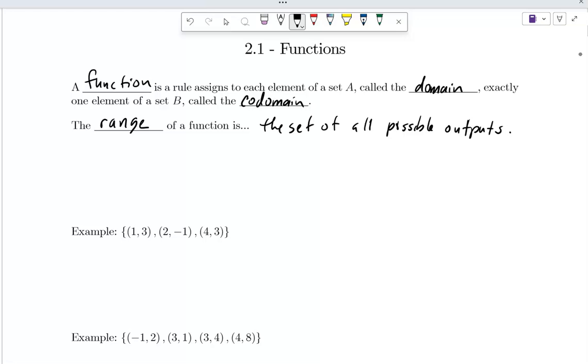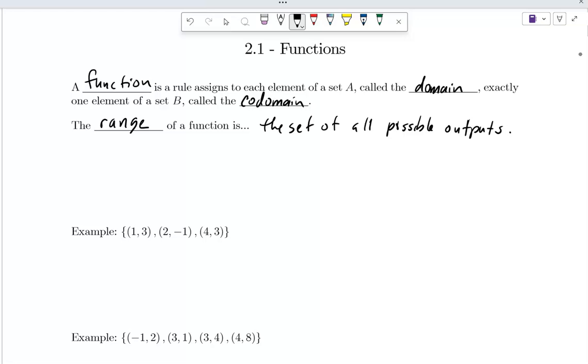So to give you an example of what I mean by this, maybe you have a function that takes a number and squares it. If I take the square of any number, doesn't matter if it's positive or negative or zero, what kind of a number do you get out if you square the number? Positive, right?